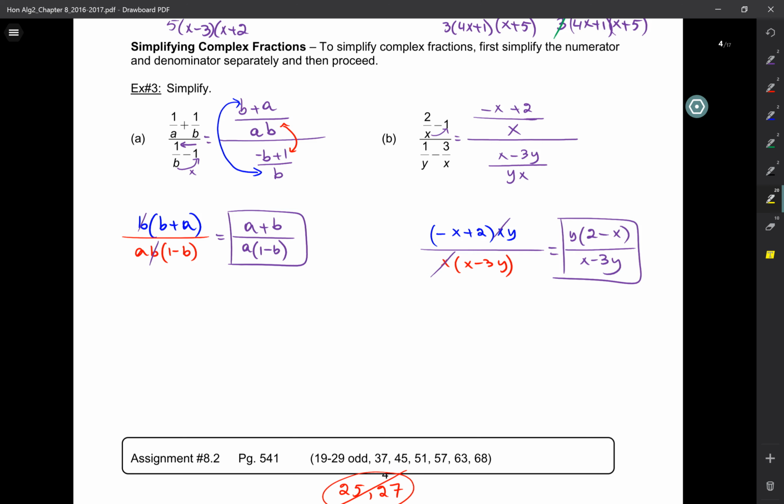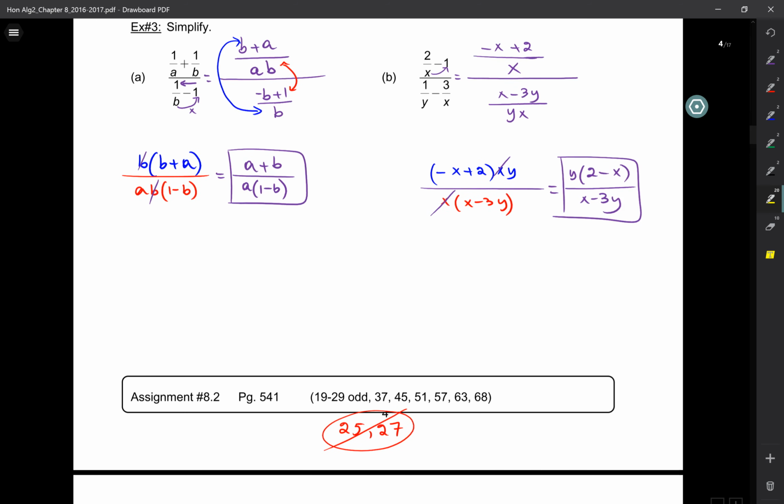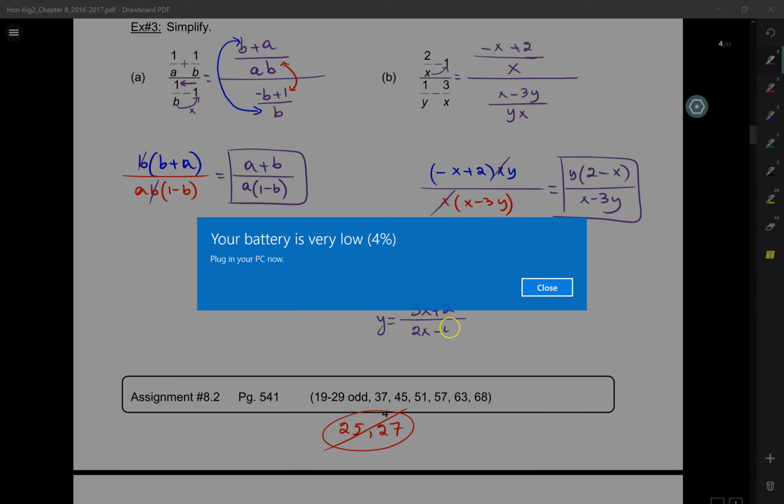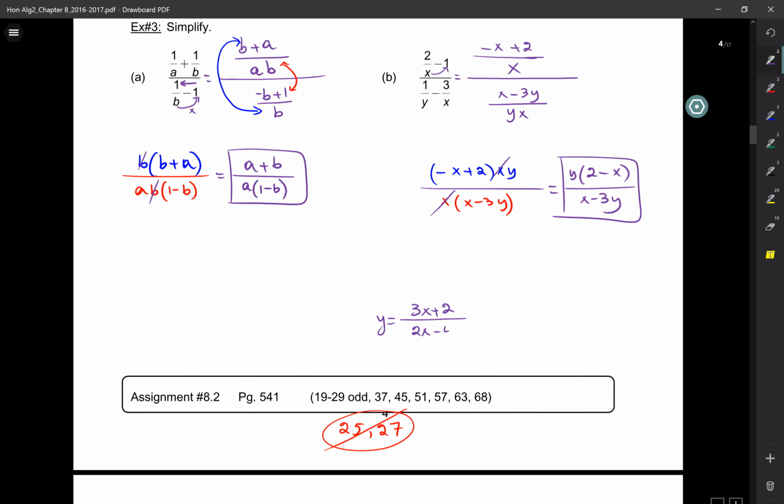You have one expression on top, one expression on the bottom. If I take something like that and say y equals 3x plus 2 over 2x minus 4, let's say, that now is a rational function. So I've got one expression on top, one expression on the bottom.